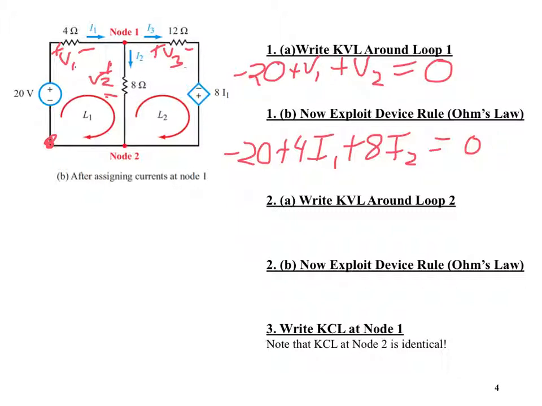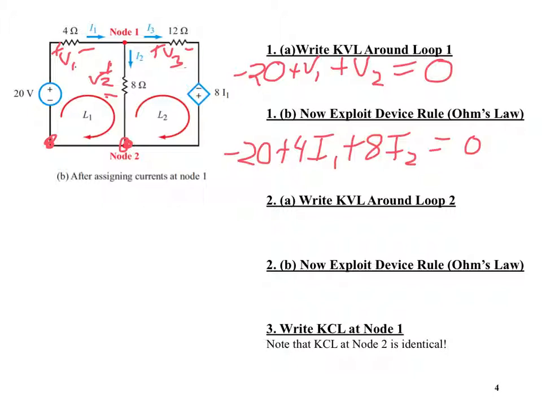All right, now we're going to write KVL around loop 2. We'll start down here at node 2, and we'll go clockwise around. The first thing we hit is this 8 ohm resistor, and we've labeled the voltage across that as V2.